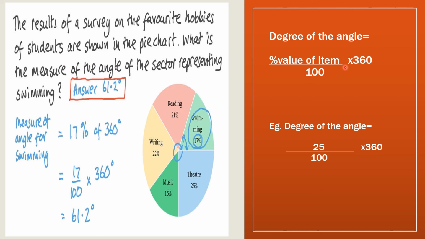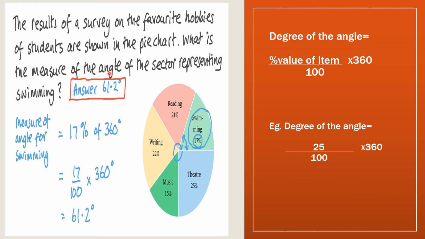And we multiply it with the total angle of the degree of a circle that the circle makes at the center. For example, if you're talking about 25% of the population that is studied, you have 25 upon 100 into 360, and that should give you a value of 90. So that would be the degree of the angle.